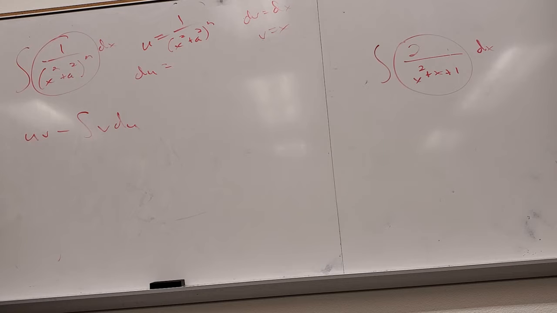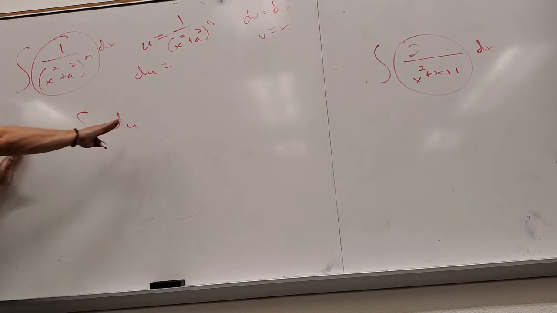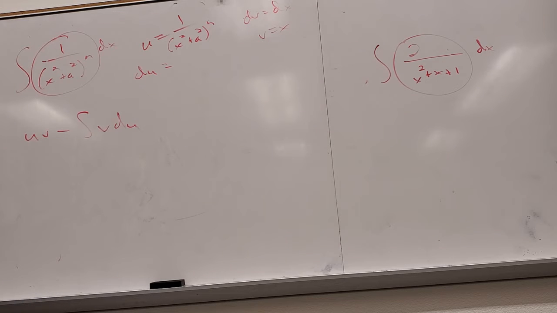Kind of back engineer it, and that's sort of what they want you to do. But really, that's the only thing you can let u equal. So let u be that, let dv be that, and then construct this and see that it's the same thing that they have. That's all they want you to do.